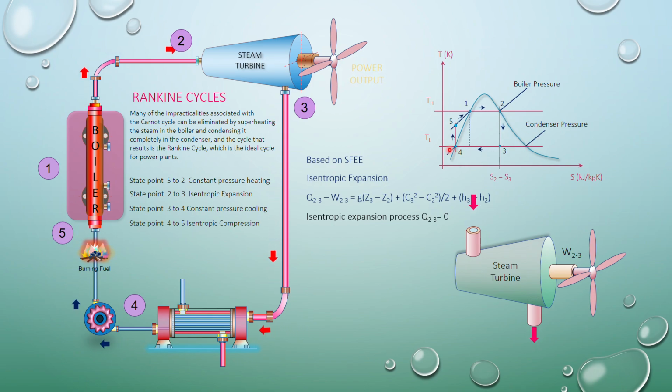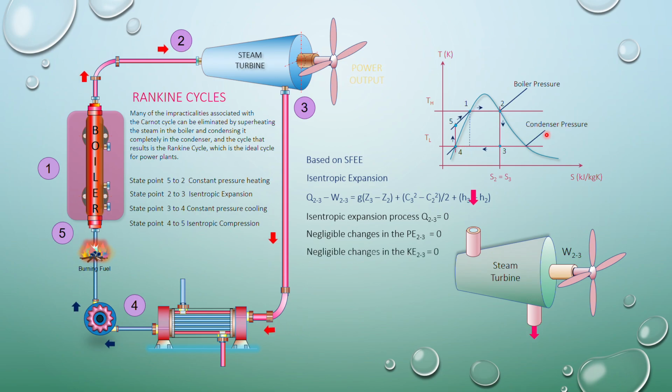From the properties table, if you were to find TH, you have to look at the boiler pressure and search for the saturation temperature at point 1. For TL, you have to look at the condenser pressure, the Ts, that means the temperature with the subscript s, at the condenser pressure.